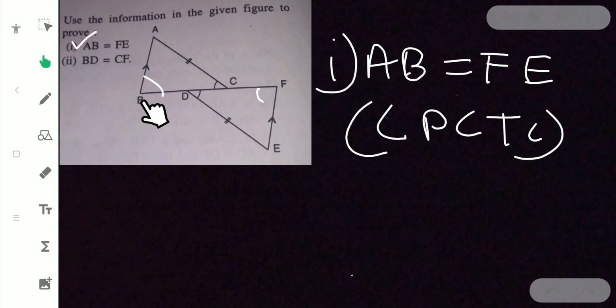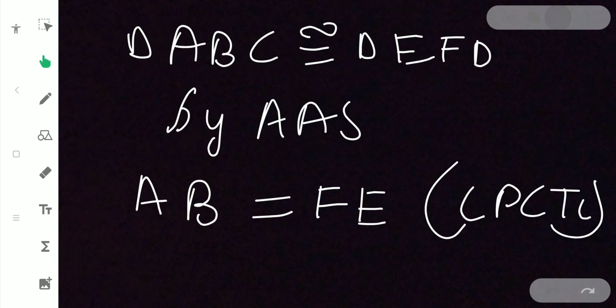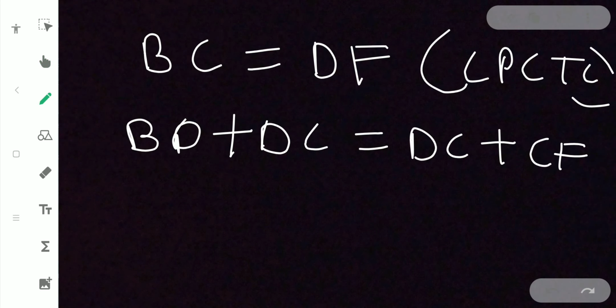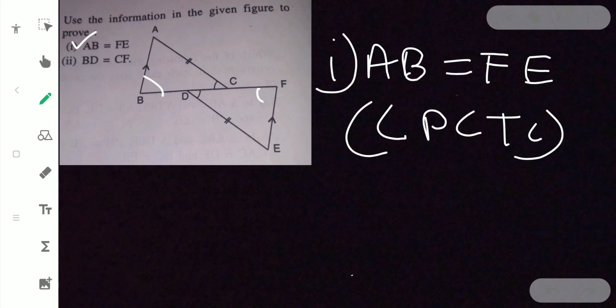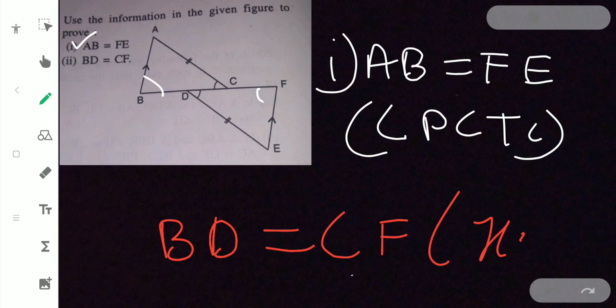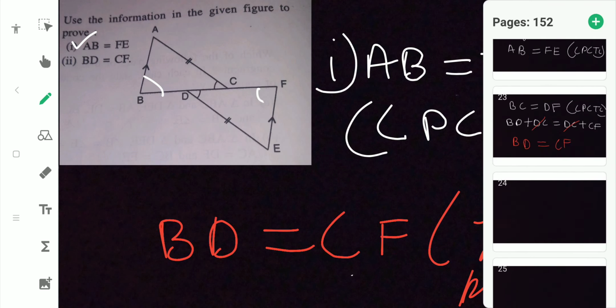So I'll get BD plus DC is equal to DC plus CF. When I transpose DC onto the RHS, I will get DC minus DC, so I can cancel here itself. So I will get BD is equal to CF, hence proved. So that is the solution.